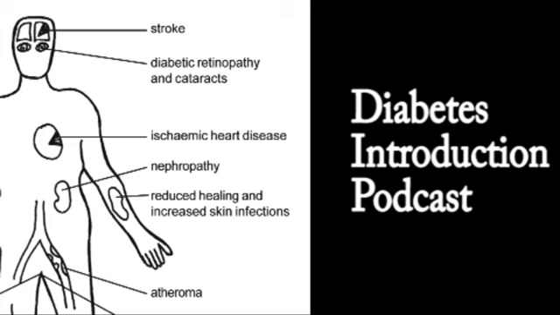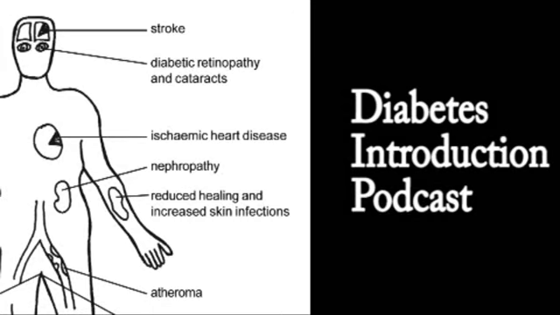And it now looks like lack of vitamin D in early childhood might be a significant factor in the etiology of type 1 diabetes. So children with relatively low levels of vitamin D, not low enough to cause rickets, but relatively low levels of vitamin D, do seem to be much more prone to type 1 diabetes.